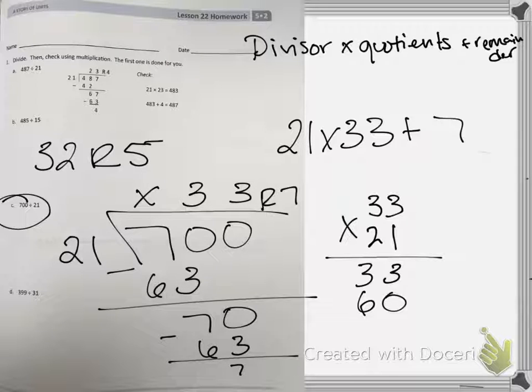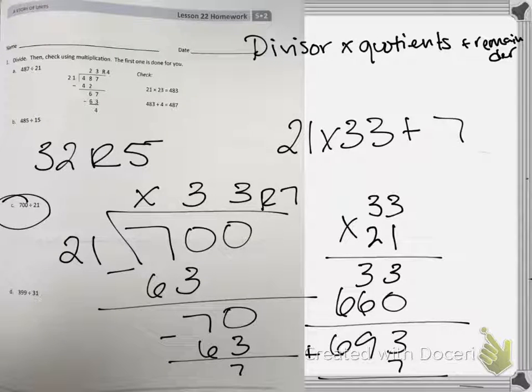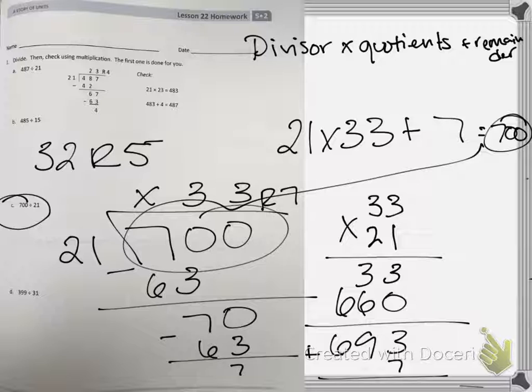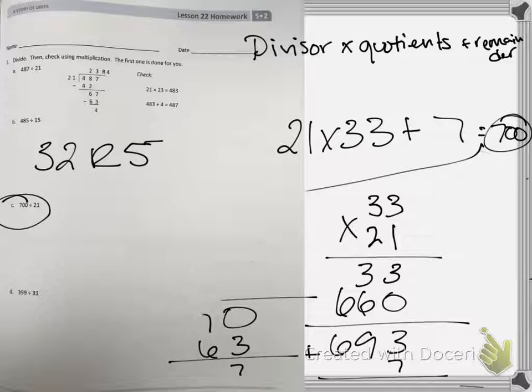Something already looks off here. Let me check. So 0, we have 3, 9, oh, it's all right. Then we add our 7 in. So we get 700. And that is what we started with. That is our dividend. All right, so we got 33 remainder 7.